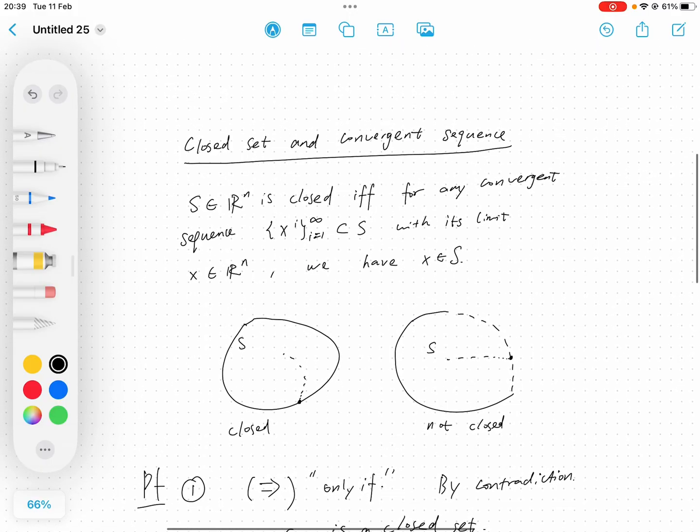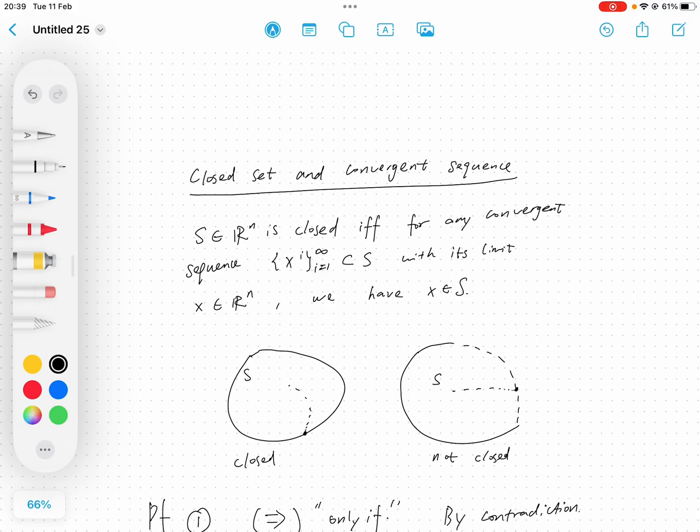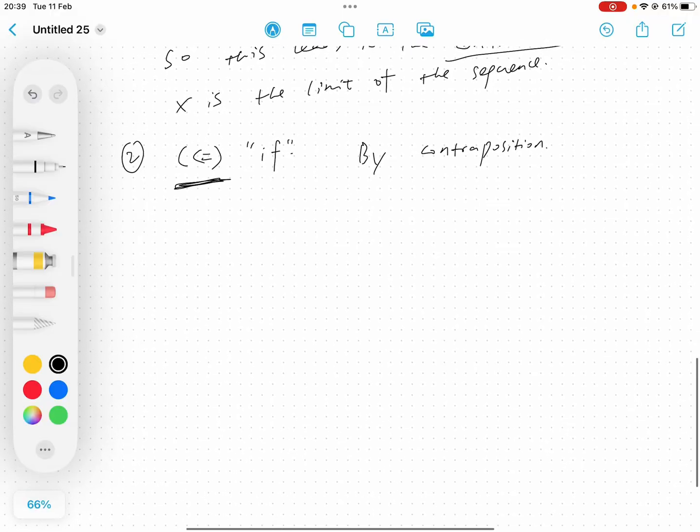It means that if for any convergent sequence with the limit we have that, then this S is closed. The contraposition of this statement: we're going to start from supposing that S is not closed, and then show the negation of the latter statement, so that would be this direction.